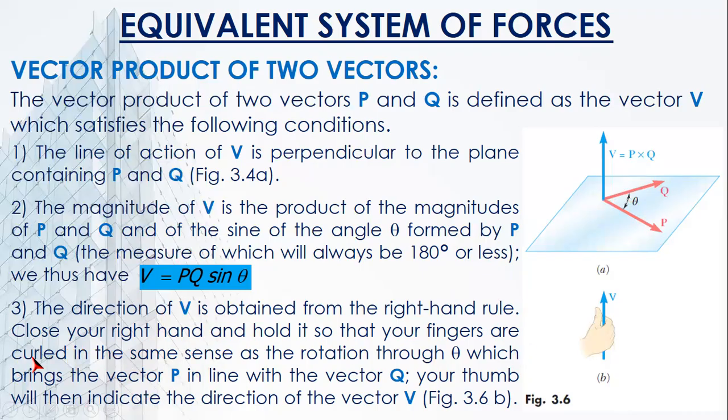Your fingers are curled in the same sense as the rotation through theta. So, as you curl the four fingers to coincide with the thumb, that gives the position of your right hand. So, the thumb points to the direction of V then. That is the right hand rule. Okay.